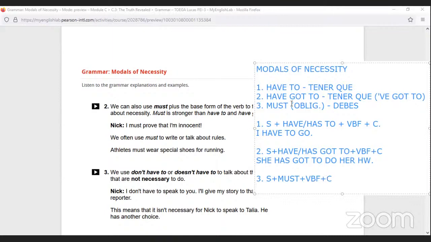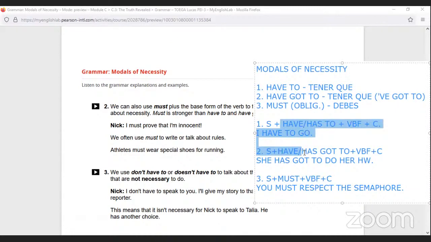For example, you must respect the semaphore. This is a rule, a law that everybody has to know. So must is for obligations, and the others are for necessity.